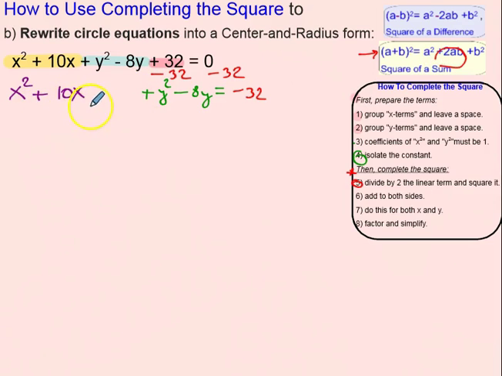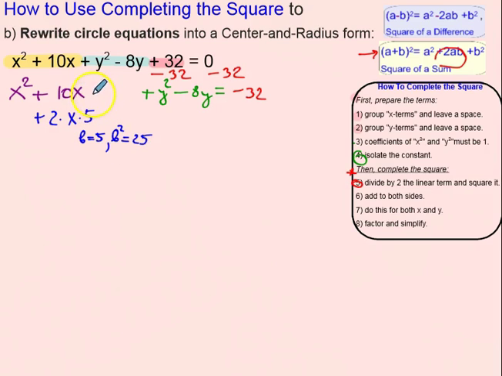I have positive 10x, which means that what hides there is a positive 2 multiplied by x and multiplied by 5. So that means that my b is 5, which means that b squared should be 25.